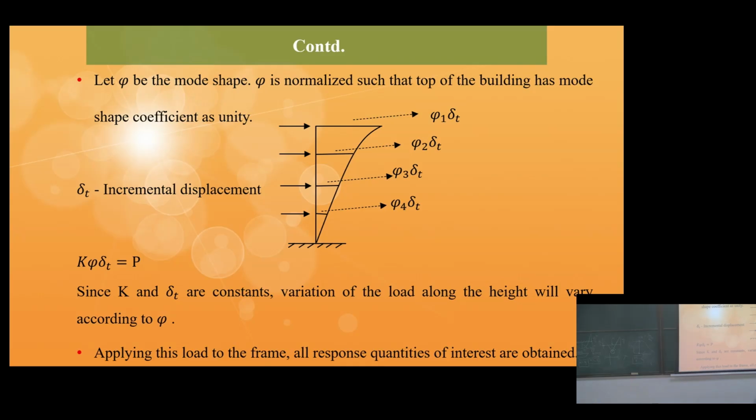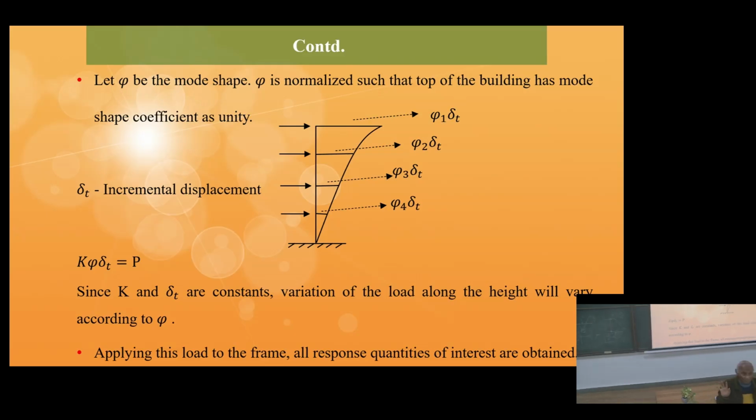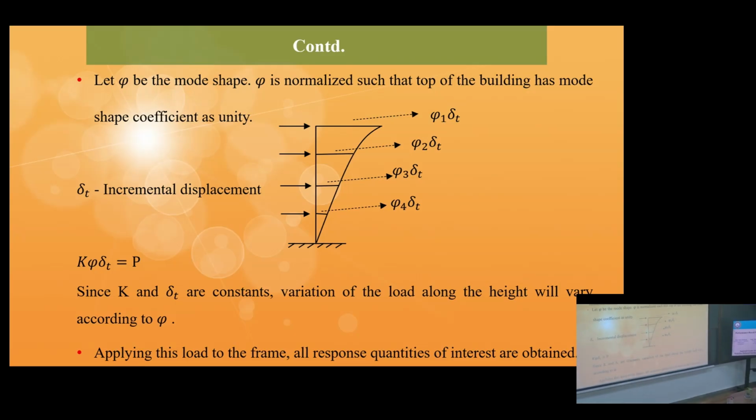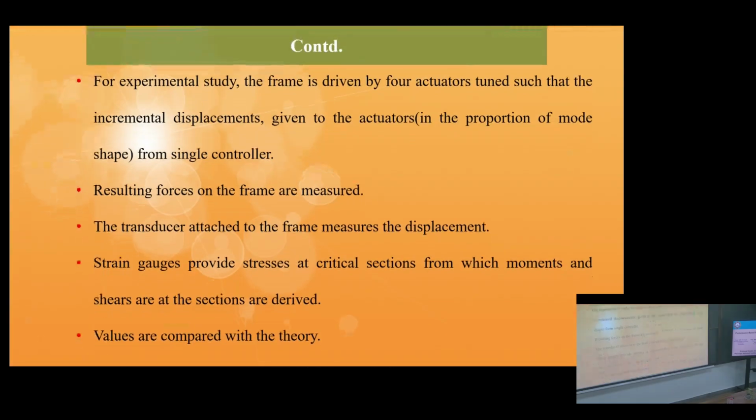P is known, you apply that kind of P. This is a virtual P for this theoretical problem. You apply those P, find out the displacement, find out bending moment, shear force, etc. Everything done. Applying this load to the frame, all response quantities of interest are obtained. So that is so far as the theory.